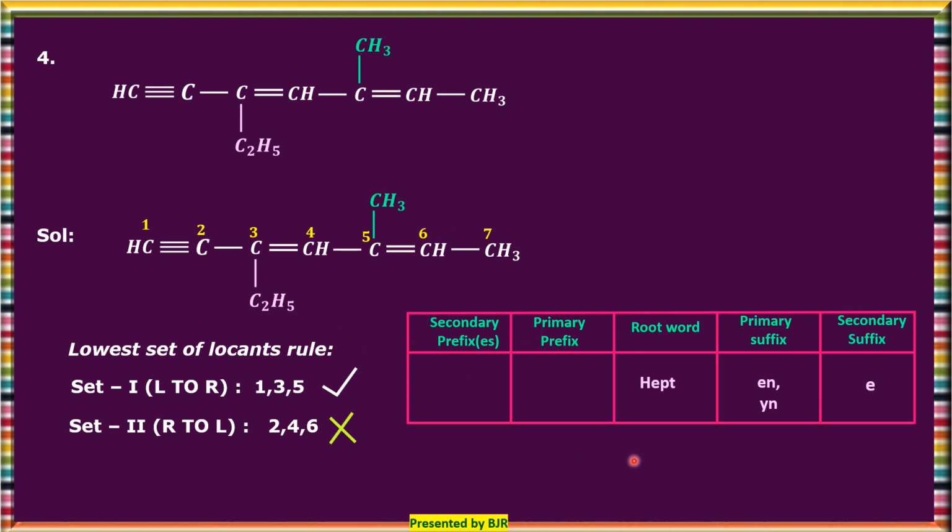So the secondary prefixes are ethyl and methyl. While writing the IUPAC name, the substituents are to be written in alphabetical order. Okay, and here two double bonds are there. If more than one multiple bond is there, at that time we have to add a to the root word. So here hepta.